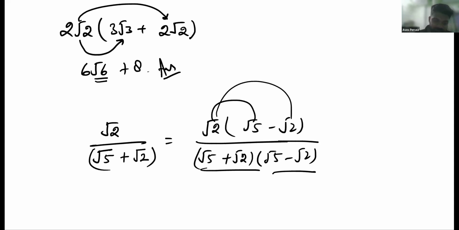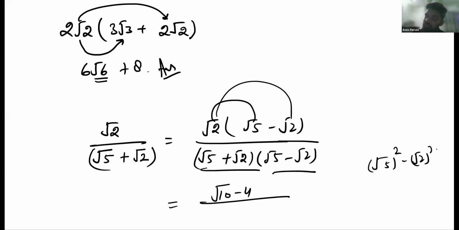So 10 minus 4 by root 5 square minus root 2 square.